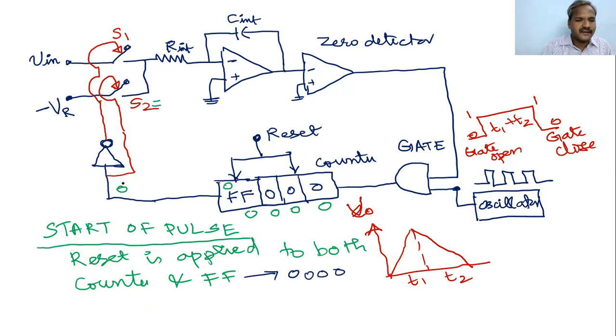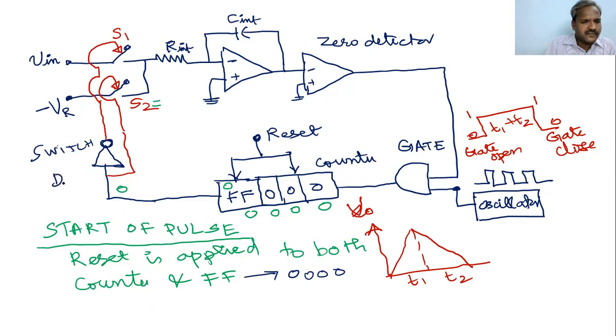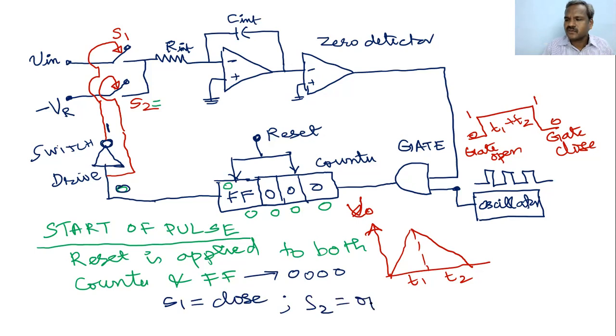This is the switch drive, which is nothing but a NOT gate. So when the memory of the flip-flop is 0, this becomes 1. So 1 means S1 is closed. Then S2 is open. So when S1 is closed, S2 is open.